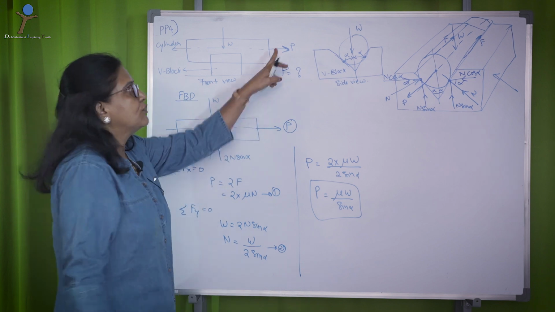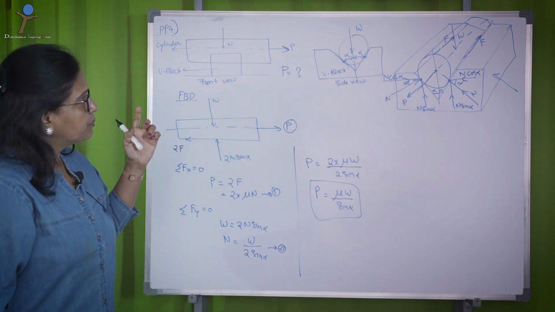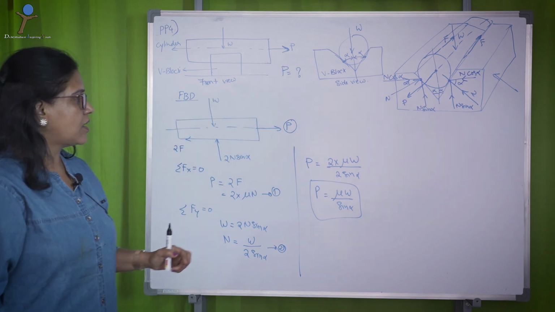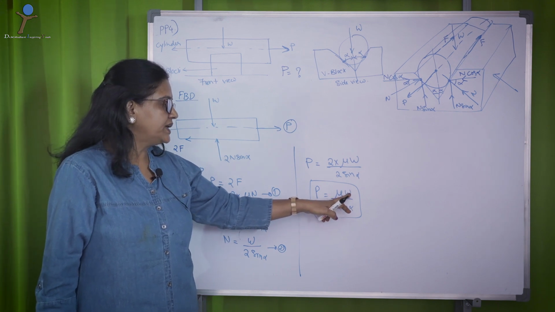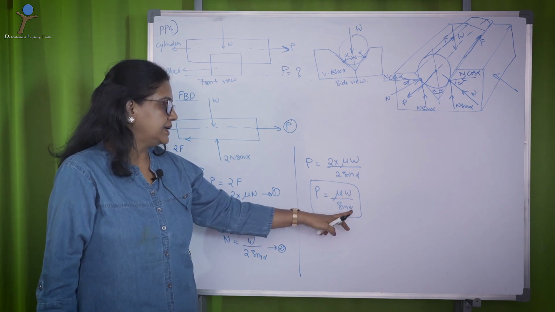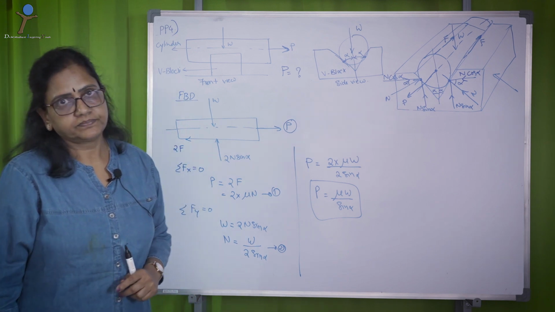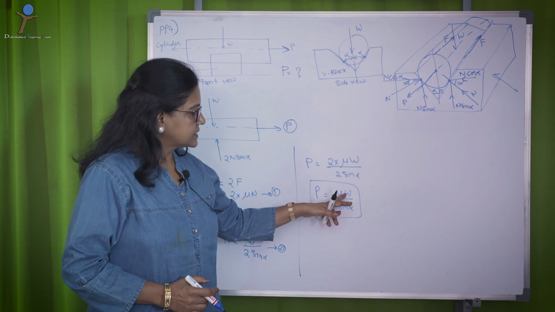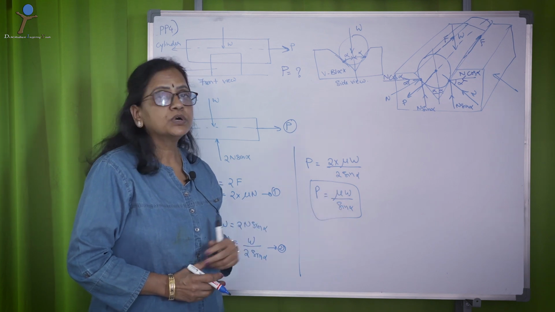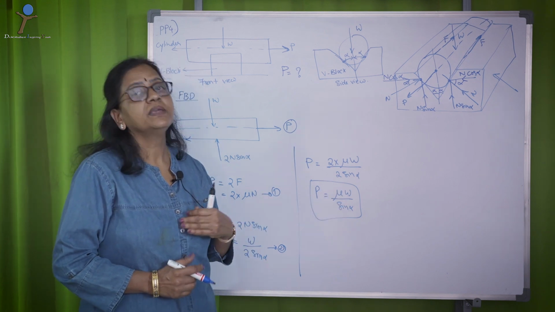So, the amount of force that is required to move the cylinder from the V block depends upon the coefficient of friction, the weight of the straight cylinder, and the V angle, half of the V angle. So, these are the parameters that influence the motion of the straight cylinder from the V block.